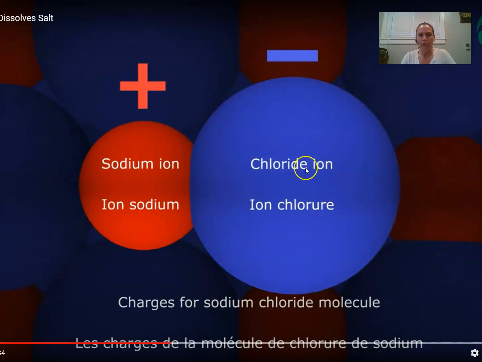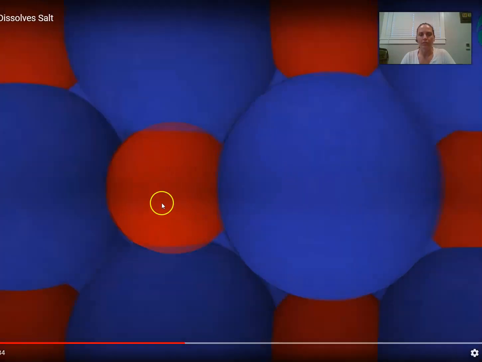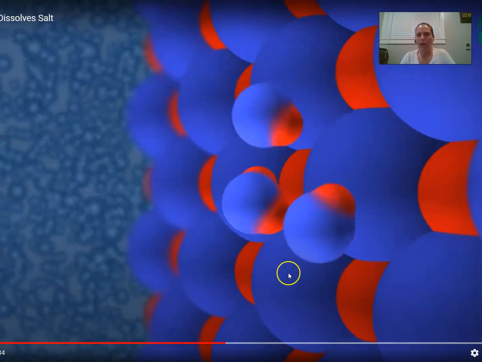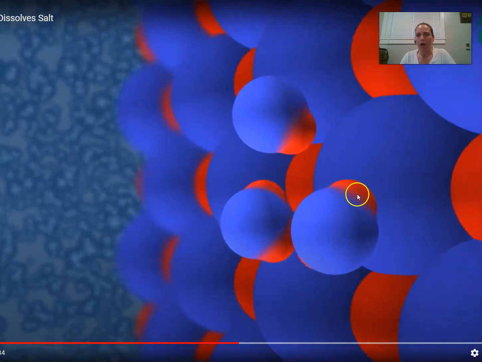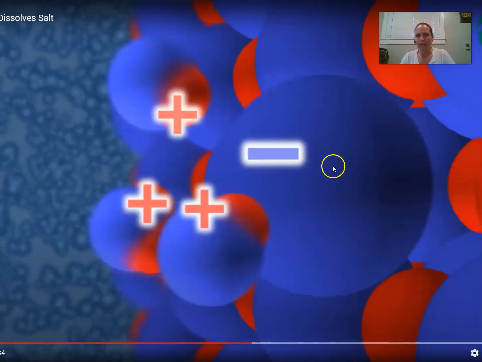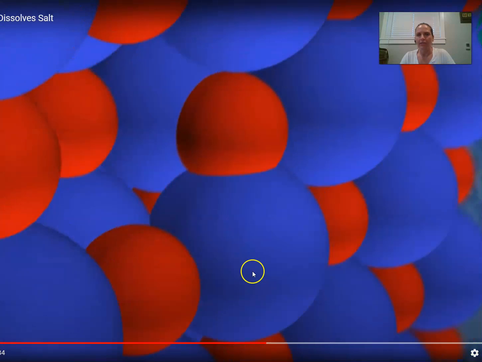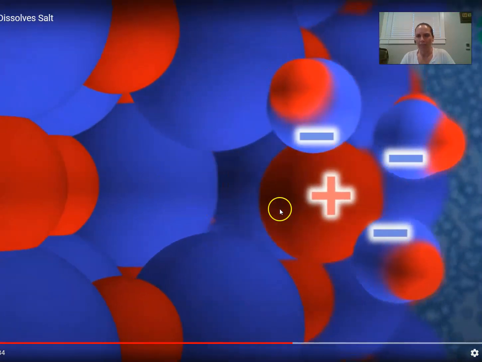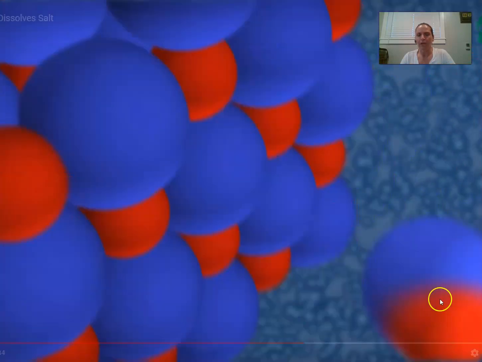So the chlorines are blue and they're going to be negative, and the sodiums are red and they're going to be positive. So what we see is as the water molecules come up, the positive sides are going to line up with the negative sides, and then the negative sides of the water molecule are going to come in and they're going to line up with the positive molecules and pull those away.